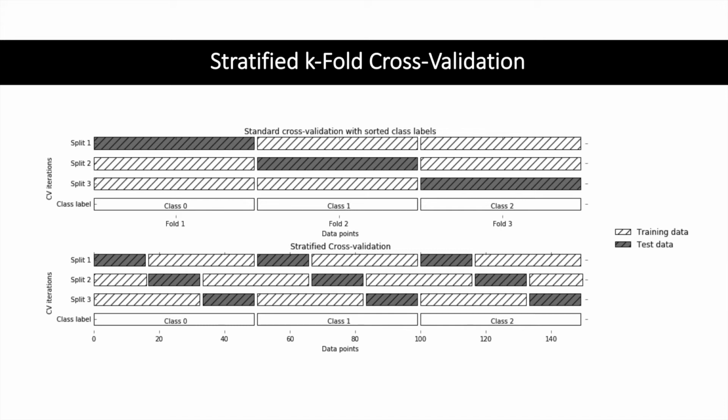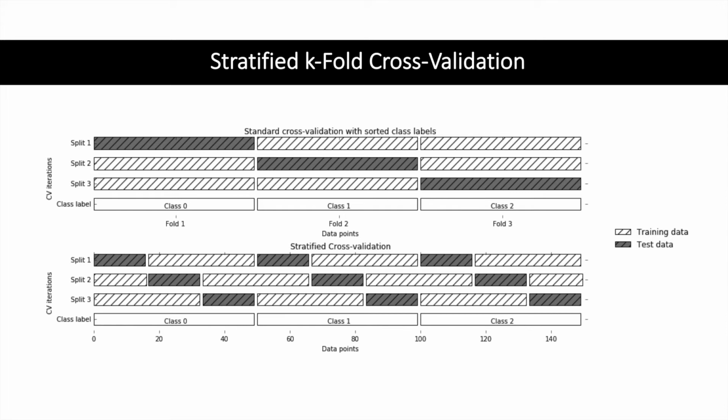As the simple k-fold strategy fails in a situation like this, it's better to use another method which is called stratified k-fold cross-validation. In a stratified cross-validation, we split the data such that the proportions between classes are the same in each fold as they are in the whole data set. And you can have a look at this picture.